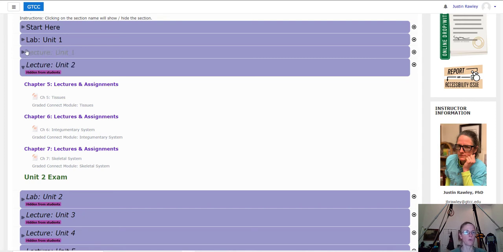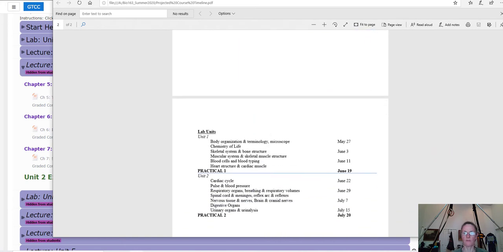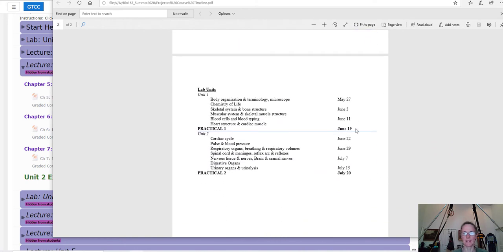But as we move through the course, you will see these units become open, and you'll see that our lecture units 1 and 2 are contained between lab unit 1 and lab unit 2. So when we look at the timeline of the course in general, we see that we have our second lecture exam on the 17th, and we have our first lab practical on the 19th.